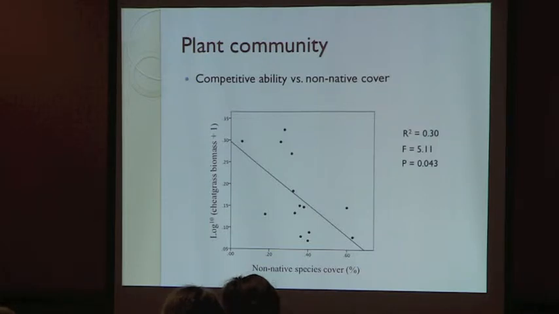However, the ones that were the least challenged by non-native species had the greatest cheatgrass biomass, therefore the lowest competitive ability, and the inverse on the other end. So there seems to be a trend there.